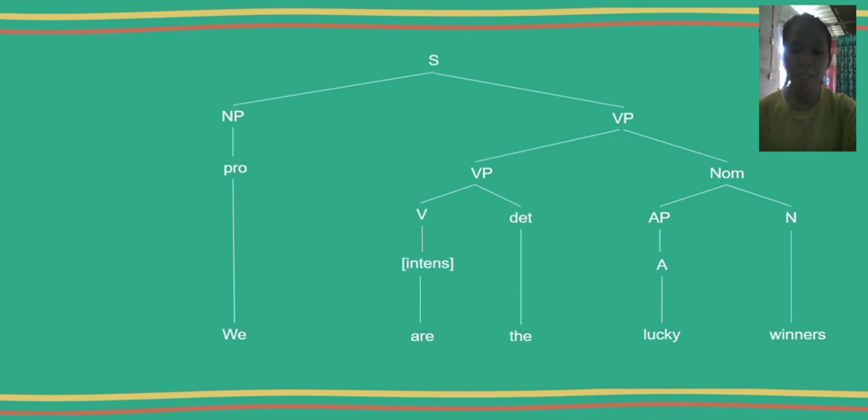We have here the "are." The "are" is the verb and it is an intensive verb, and "the" is a determiner, and "lucky" is an adjective and it is an adjective phrase, and "winners" is a noun and it is nominal. So "are the lucky winners" is under the verb phrase.